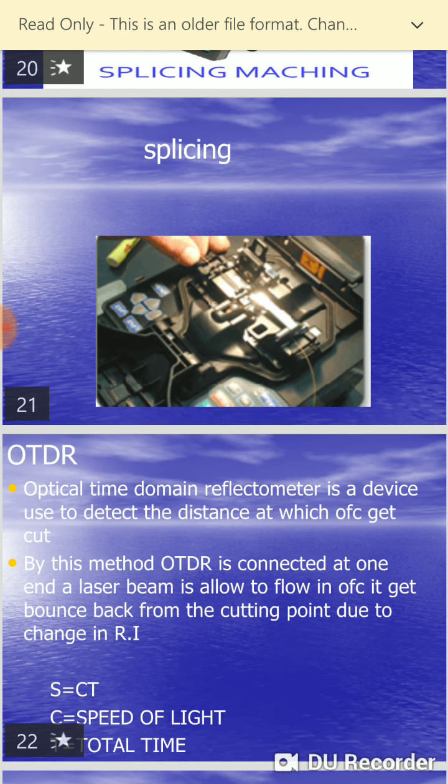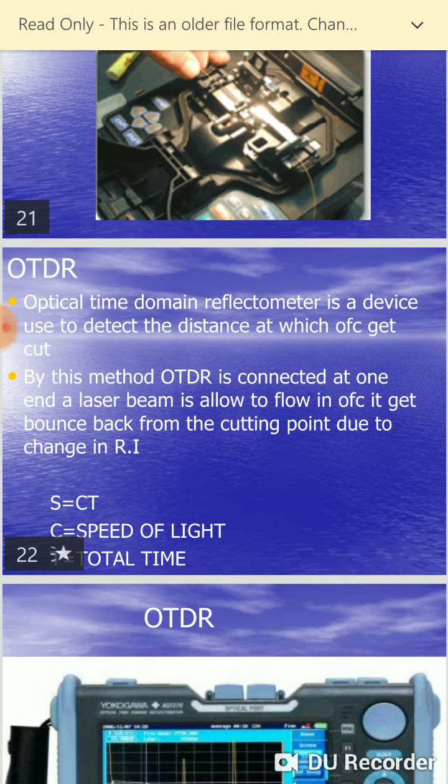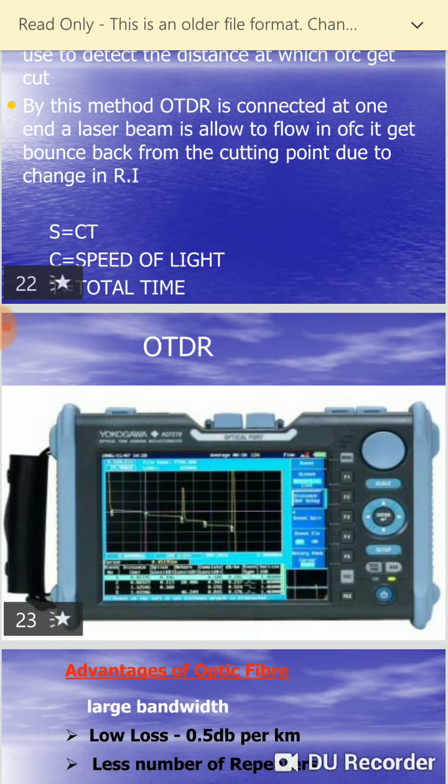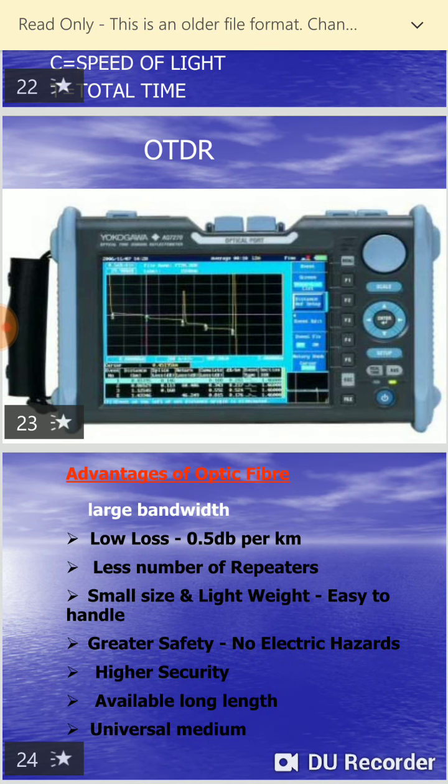Based on how much time it takes to come back, that time multiplied by the velocity, we can calculate the distance at which the breakage is there in the optical fiber. This is shown here, optical time domain reflectometer.